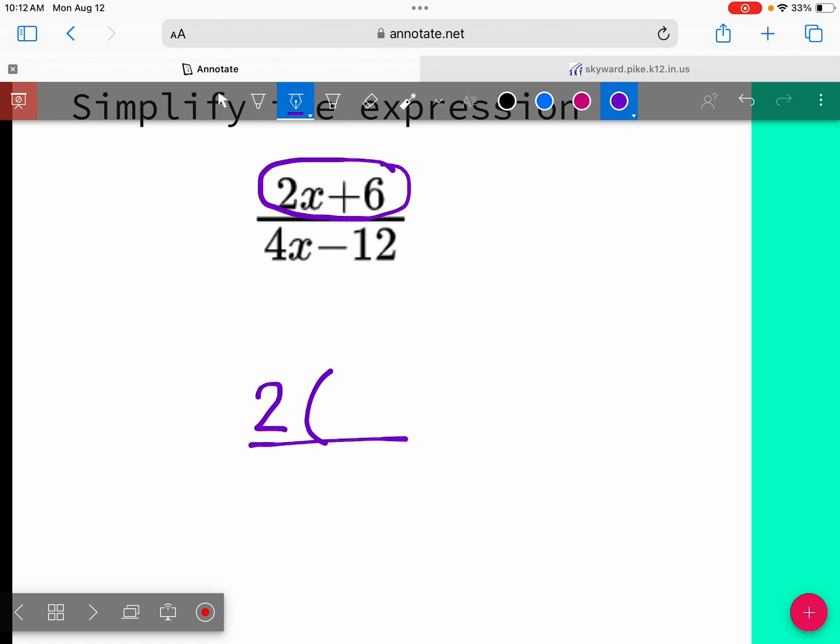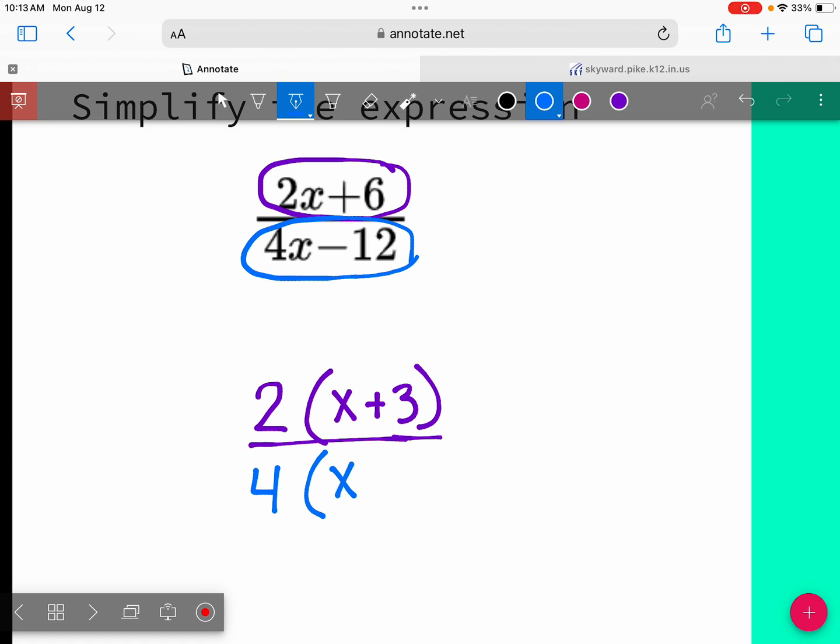What gets left over? X plus 3. Same vibe with the denominator. I'm going to look at my denominator here and say, what is my GCF? 4. When I remove my GCF of 4, what do we have left over? X minus 3.